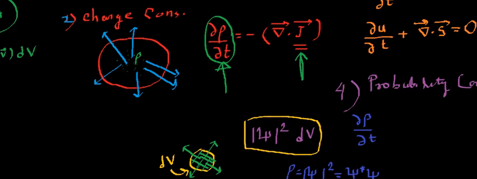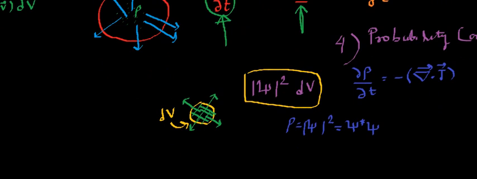So this decrease in probability is happening due to some flow of probability outside the region. It means the probability is flowing from inside the region to outside the region.